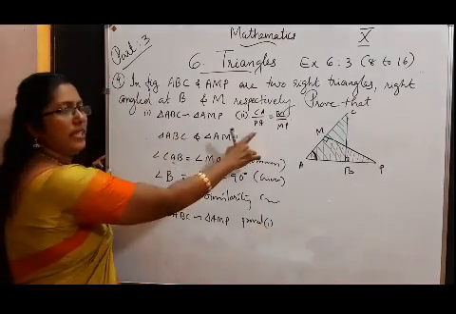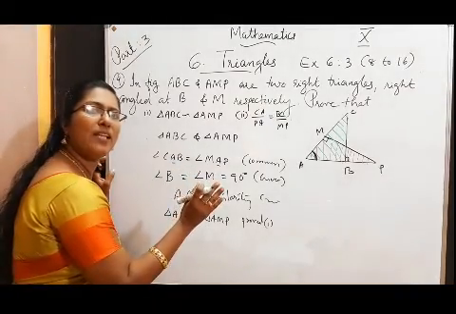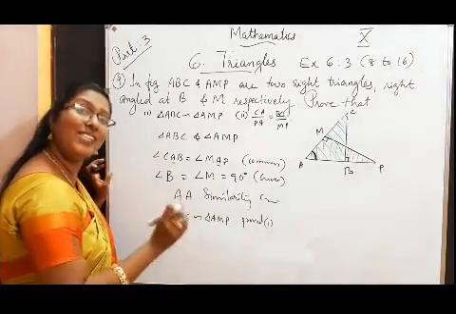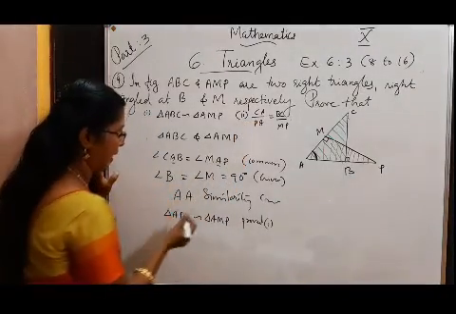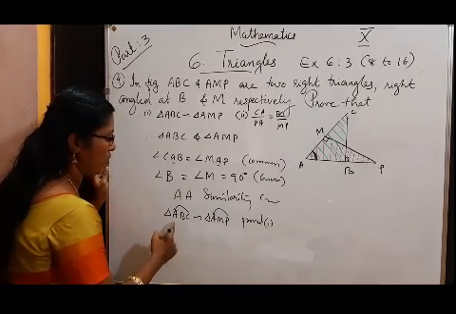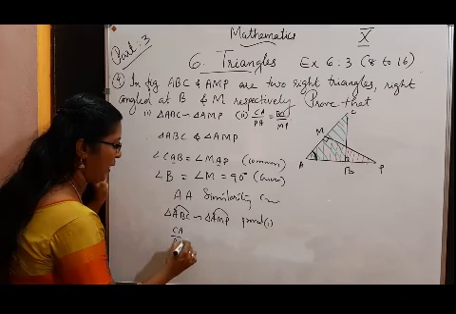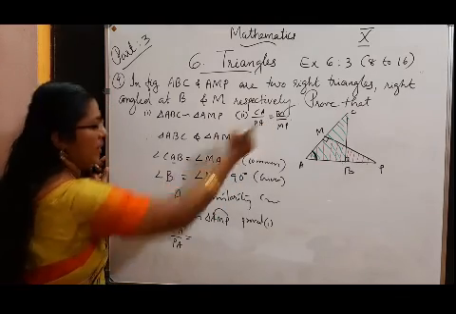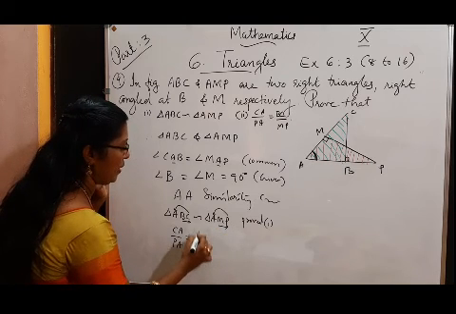Then second part. The two triangles are similar, so their corresponding parts are proportional, in the same ratio. So we can write the corresponding parts. Here CA, here PA, so we can write CA by PA equal, the next one BC, this is BC, MP.